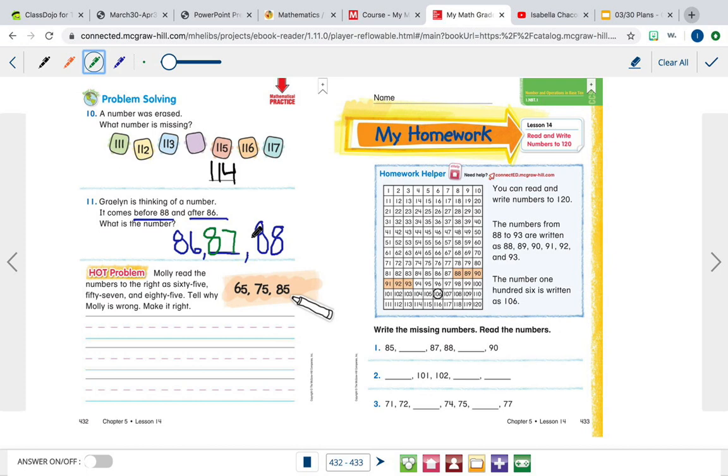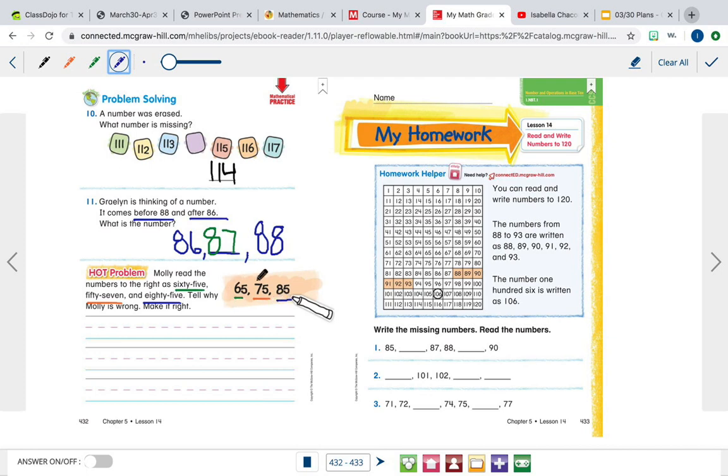Okay, so let's read this word problem, okay? Molly read the numbers to the right as 65. So here's 65. Then she read it as 57. And then 85.